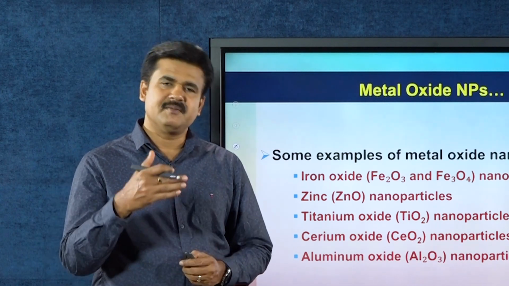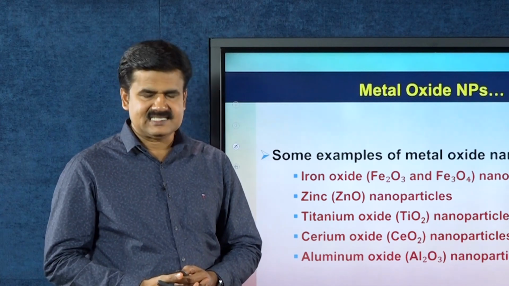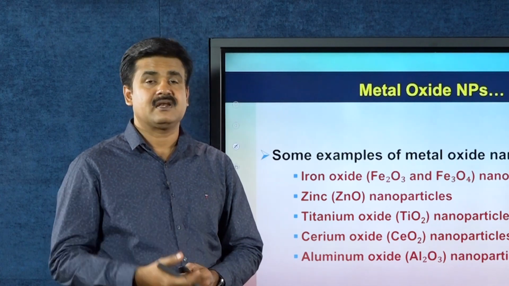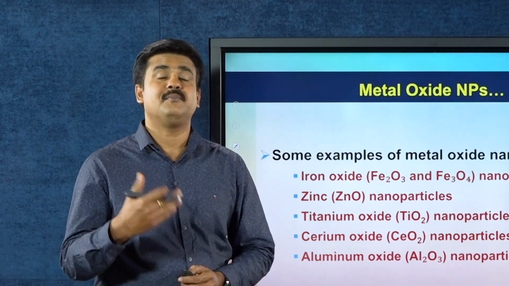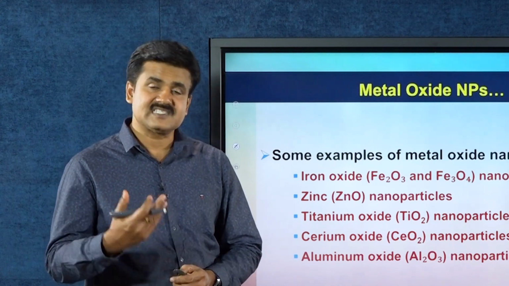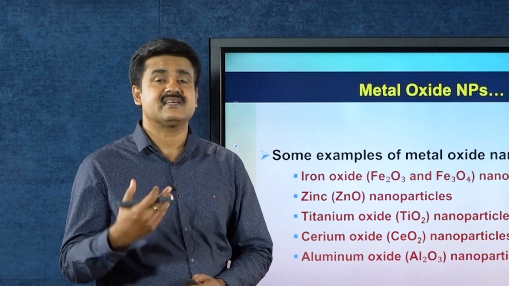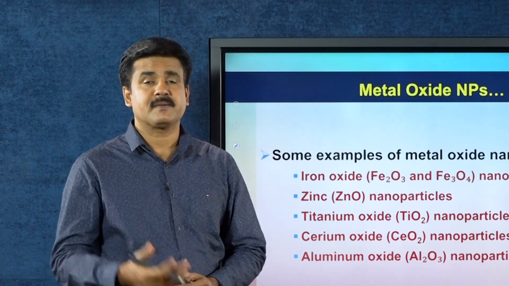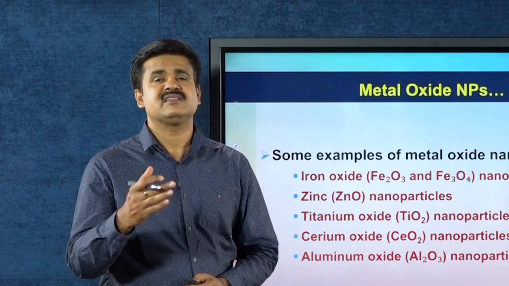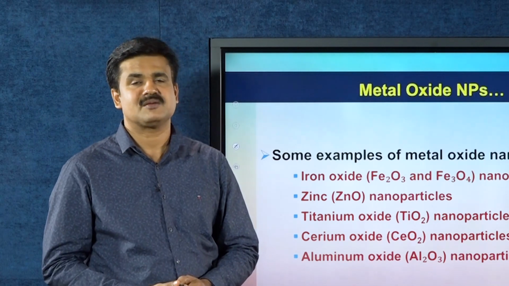So, every metal can form its oxides. However, every metal cannot form stable metal oxide nanoparticles. This is because many of the metal oxide nanoparticles are highly reactive, or they cannot be prepared by simple methods, or they require special stabilization methods.